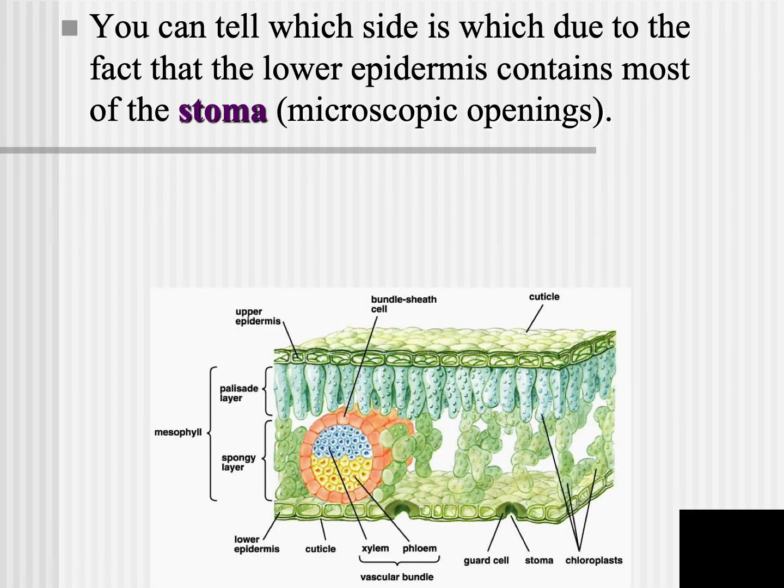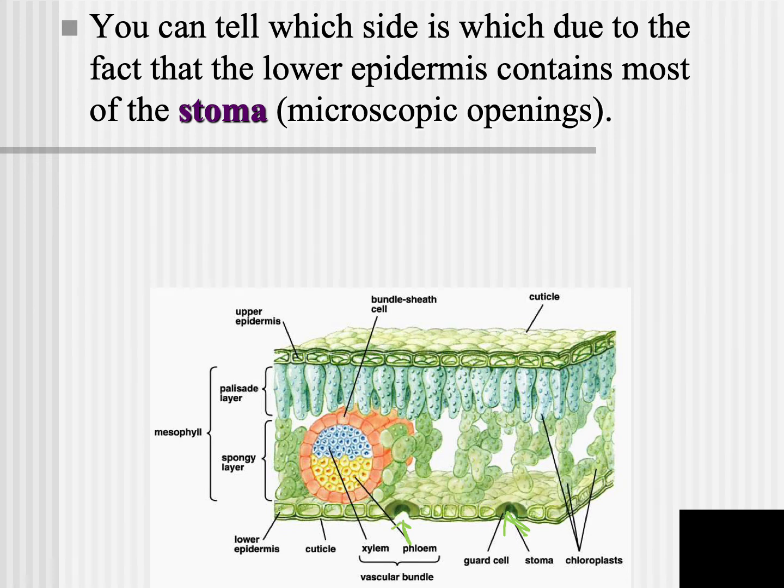The epidermis on the lower end, and sometimes there's a little bit on the higher end, will have stoma. When we're talking about stoma, those are microscopic openings. So you can see down here, the little opening would be the stoma.